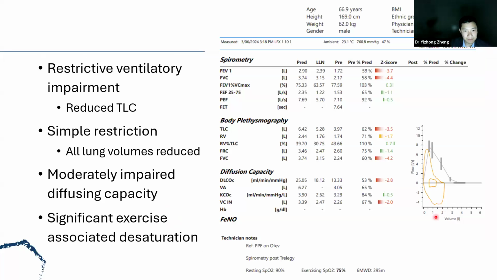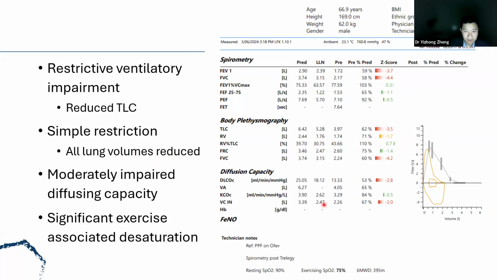So in this case, the flow volume loop has that witch's hat appearance. The FEV1 to FVC ratio is 78%, the Z-score 0.3, it's normal. They have a reduced FVC, suggesting restriction, which we'll confirm on their body plethysmography. So their TLC is reduced, which confirms restriction. Normal RV to TLC ratio, so simple restriction.